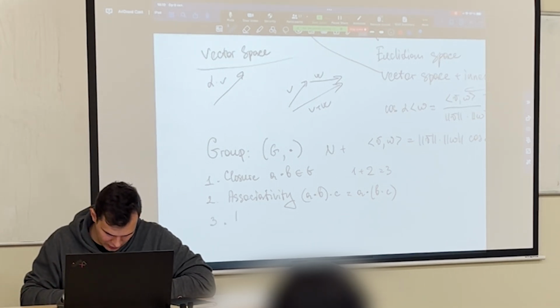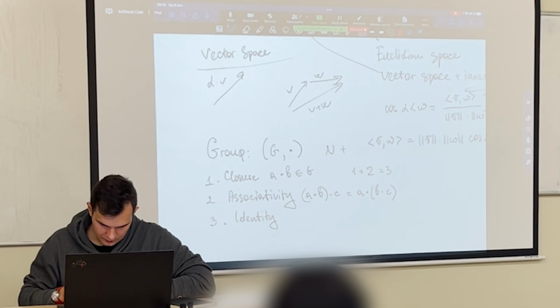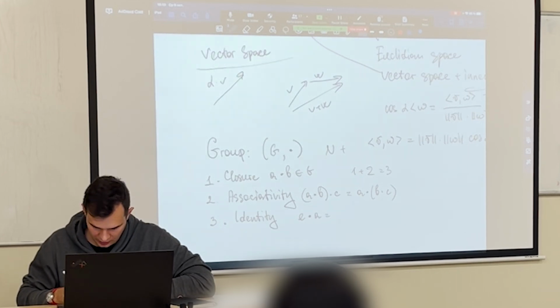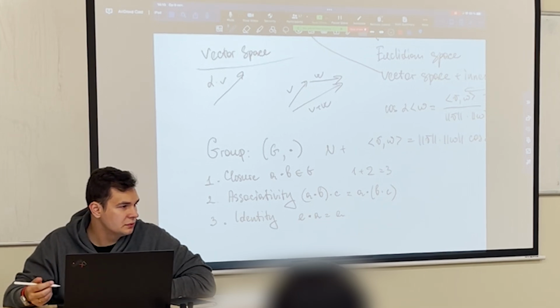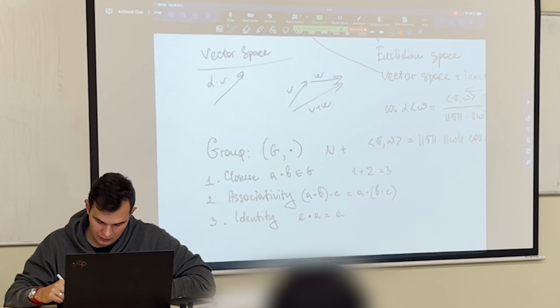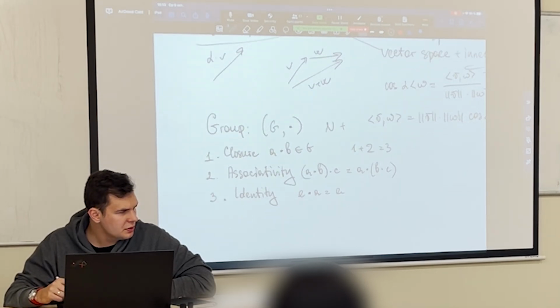And you also have something which is called identity. That you have some element such that if you do an operation with another element, you will have the same element. It's like plus 0. Is 0 a natural number?